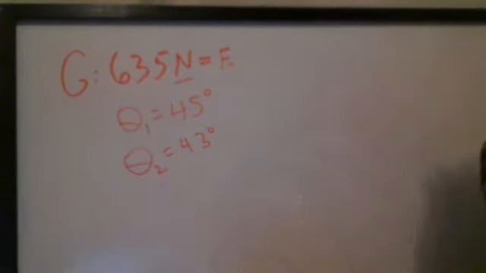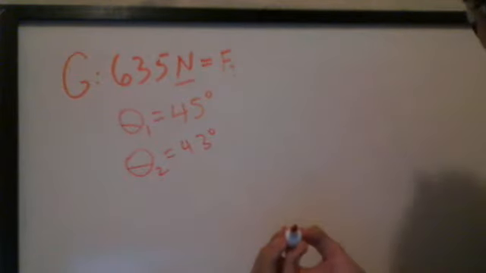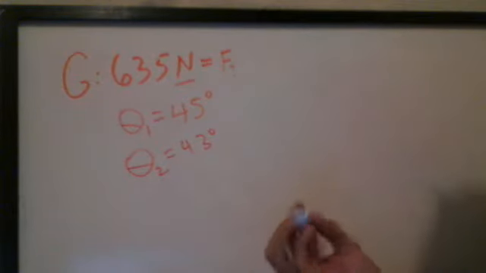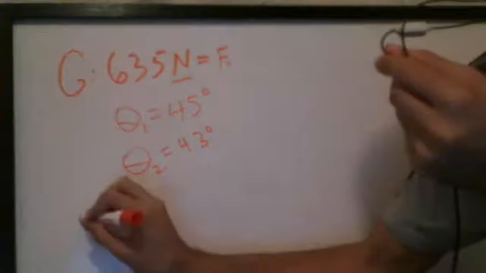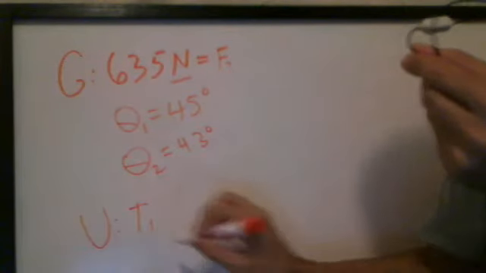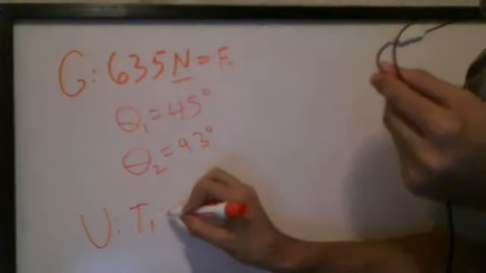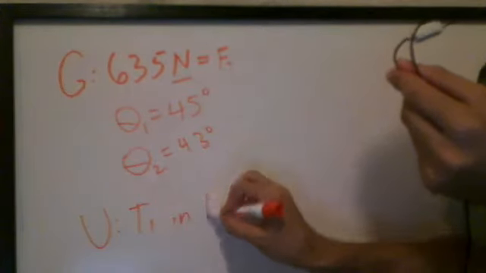And we know that they're both string. Now, what don't we know? They're asking for the tension of the first string. So you have to go unknown of tension in the first string. And they're asking for it in newtons. So you say in newtons.